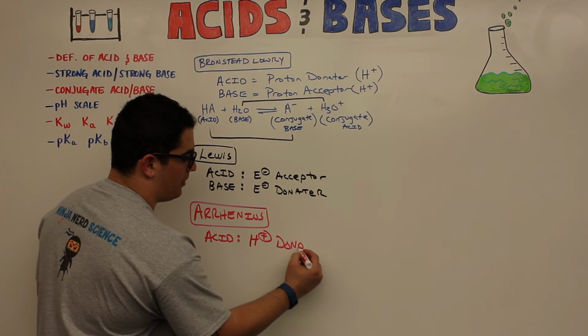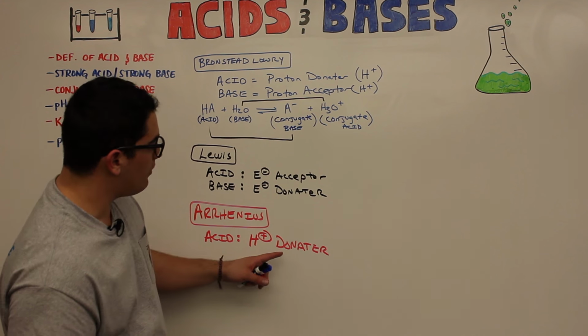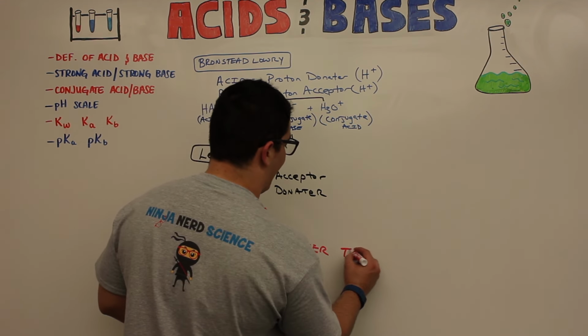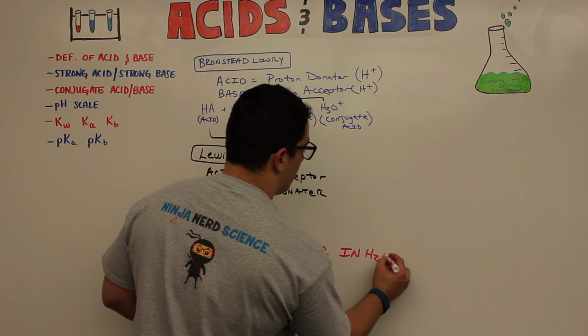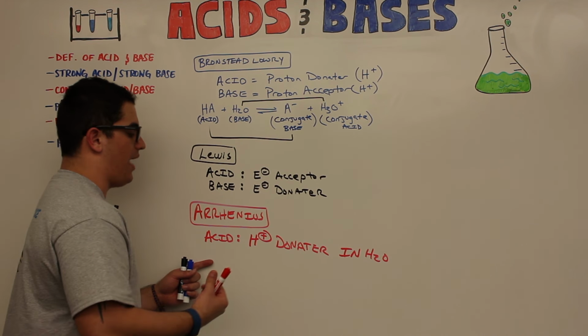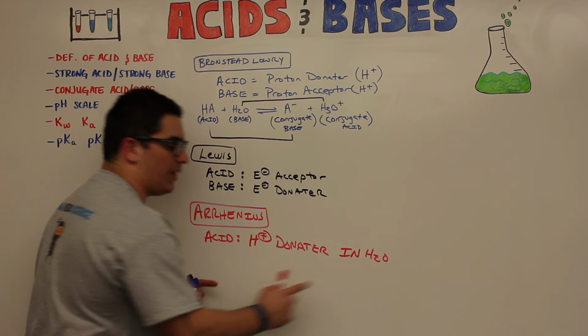He does give up these actual protons, but more specifically, he gives up these protons in an aqueous solution. So we'll say in water, in an aqueous solution. He even expanded more on that. He said an Arrhenius acid is a proton donator in an aqueous solution.